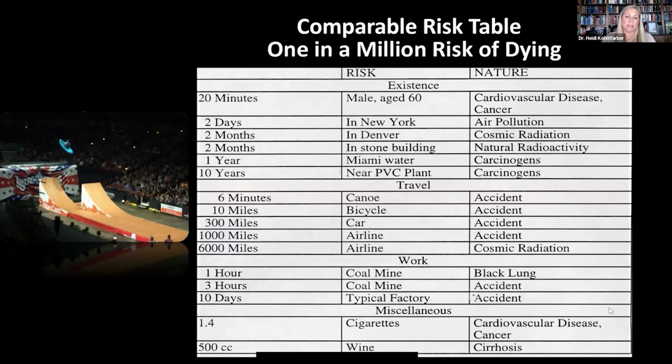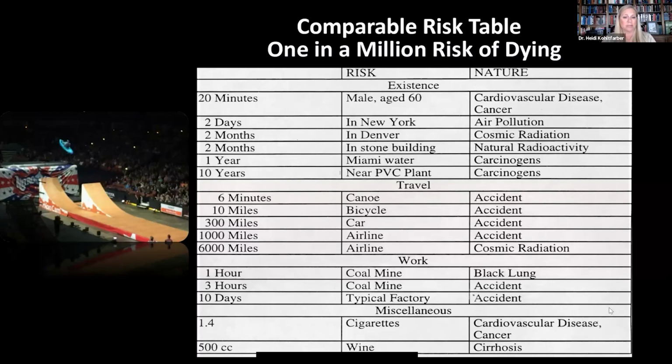One is 20 minutes, male aged 60. I've been talking for almost 20 minutes. So if there's anybody out there that is male age 60, while you've been listening to me, you've had a 1 in a million risk of dying. Isn't that a great thought? Or you've had the equivalent risk of a CBCT scan.